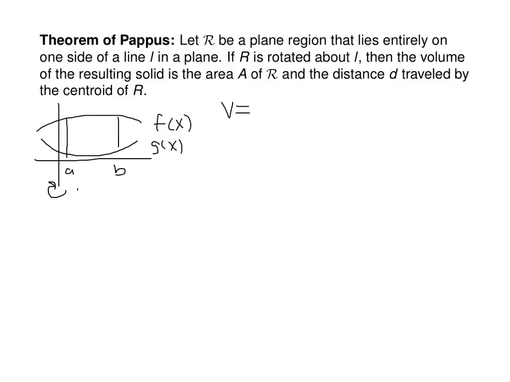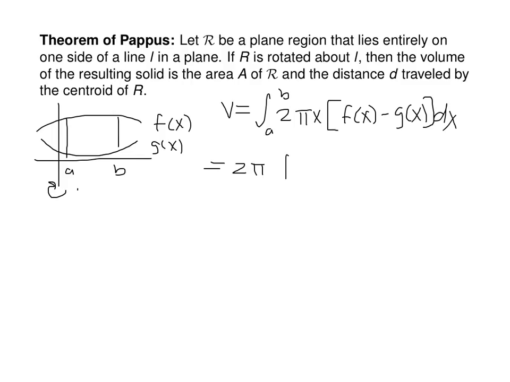The volume is equal to the integral from a to b of circumference, so 2 pi x, times height, which is f of x minus g of x, times thickness, which is dx. So that is equal to 2 pi times the integral from a to b of x multiplied by f of x minus g of x dx.